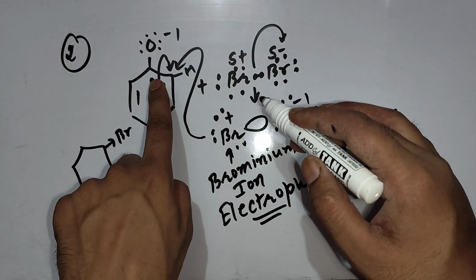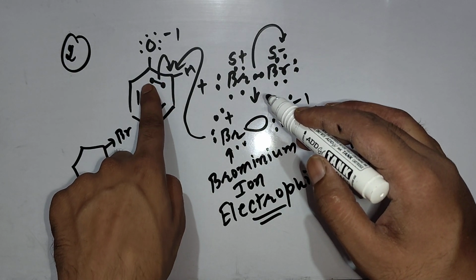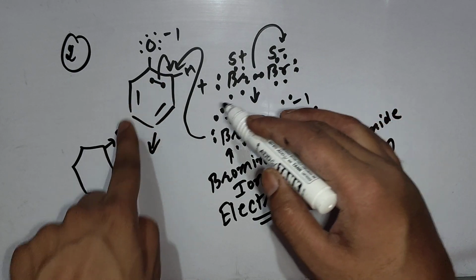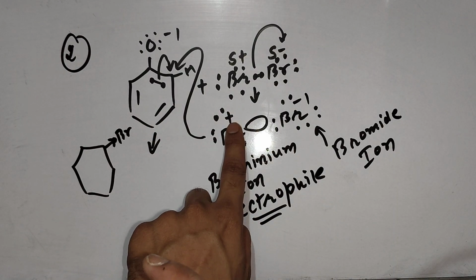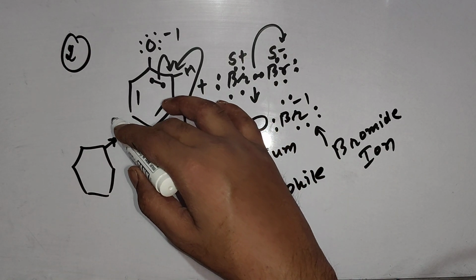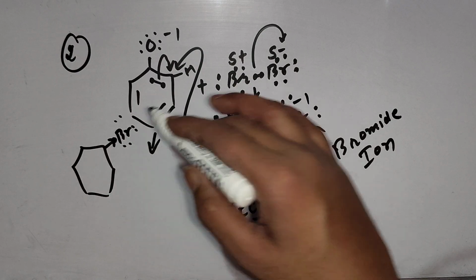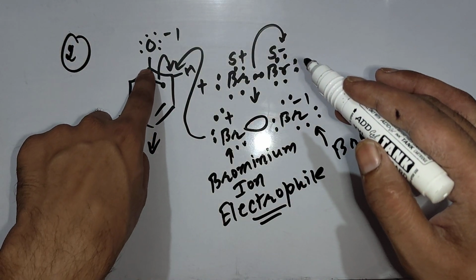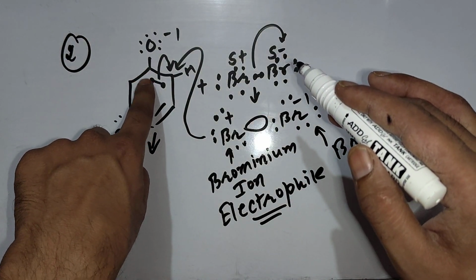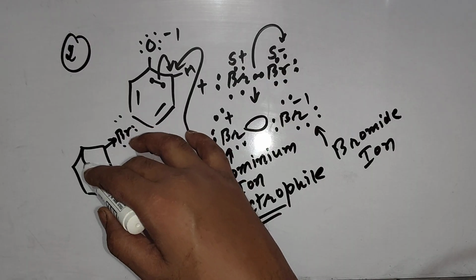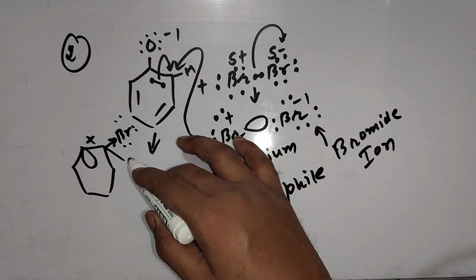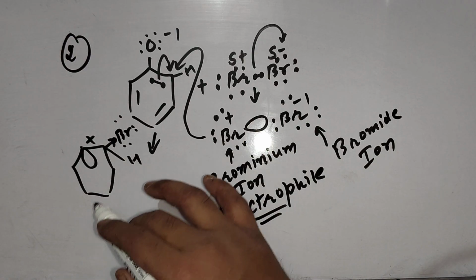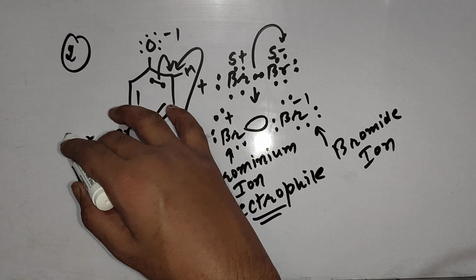Now, because it is getting 1 electron, this electron is now toward bromine. So its positive charge will finish and 3 lone pairs as it is. But this carbon which has lost its electron will have a positive charge now, means vacant orbital, positive charge. And hydrogen is available there, so keep it as it is. Rest of the molecule, no change.